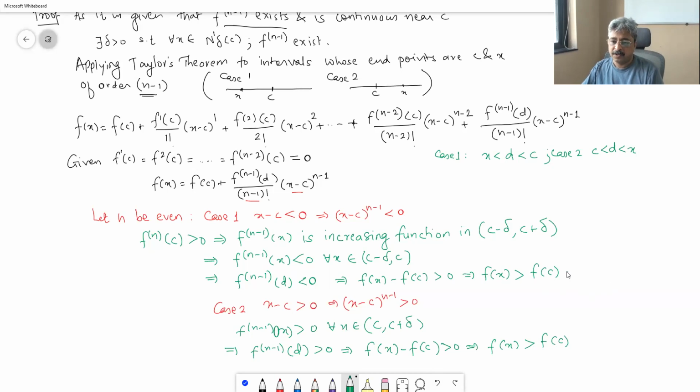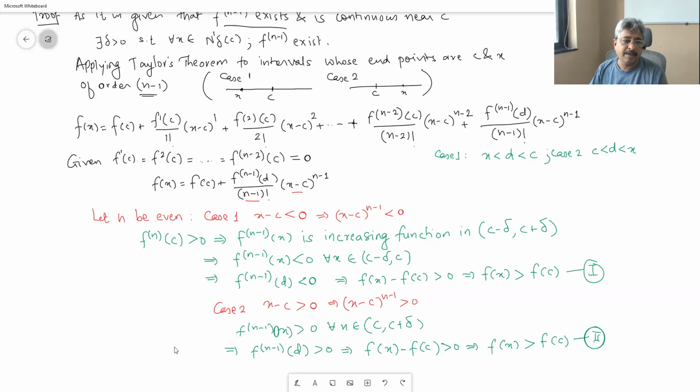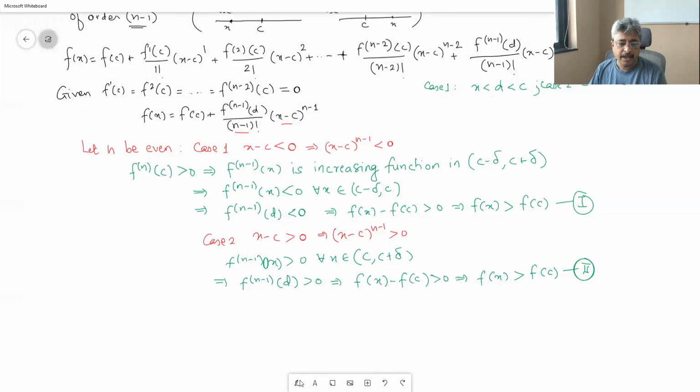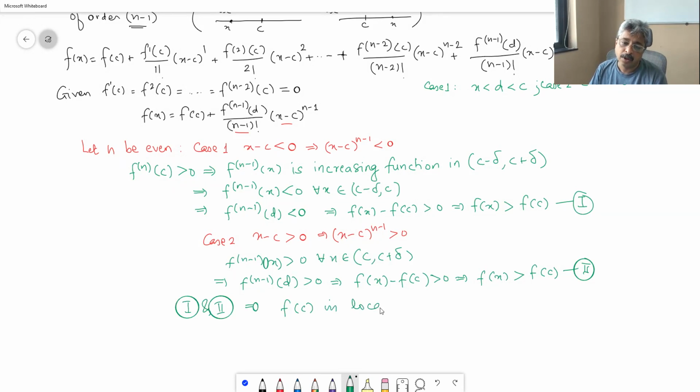Maybe we can label them 1 and 2. So 1 and 2 simultaneously imply f of c is a local minimum.